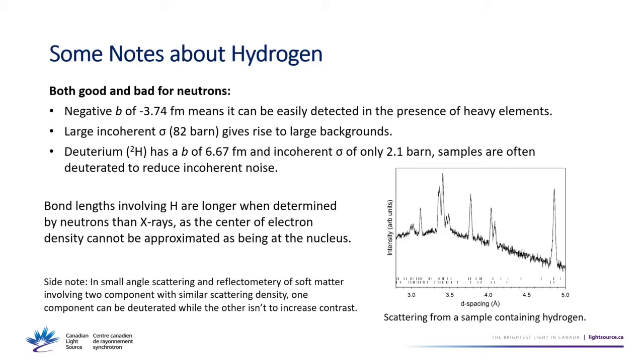So a lot of times what people will do when they want hydrogen is they will deuterate their sample so that they can get a nice clean pattern. And sometimes you can also use deuteration for contrast. Some people doing small angle scattering in soft matter, where they have two polymers with about the same total scattering density, will deuterate one of them and keep the other with hydrogen, and then they have a strong contrast in the scattering density between their samples, and they can tell them apart that way.